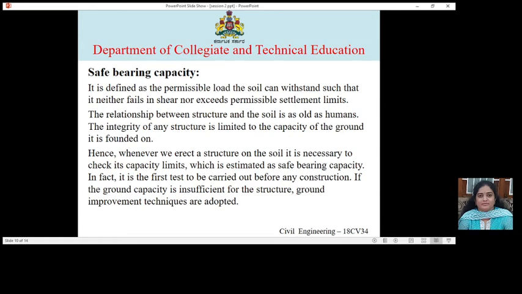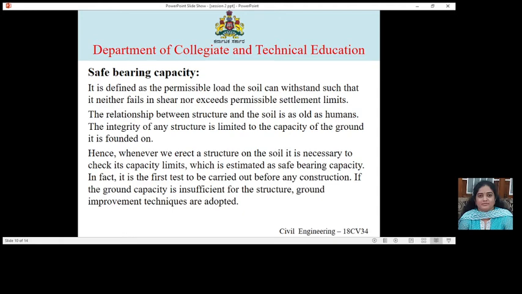It is defined as the permissible load the soil can withstand such that it neither fails in shear nor exceeds permissible settlement limits. This is the definition.